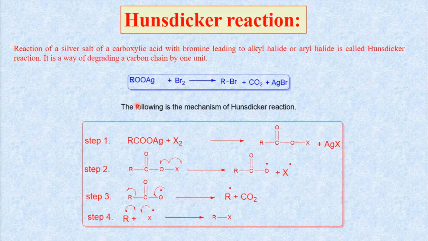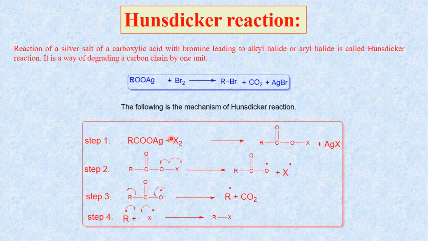So the following is the general mechanism of the Hunsdiecker reaction. In the first step, the silver salt of the carboxylic acid reacts with X2, where X2 may be Br2, Cl2 or I2, that is bromine, chlorine or iodine.